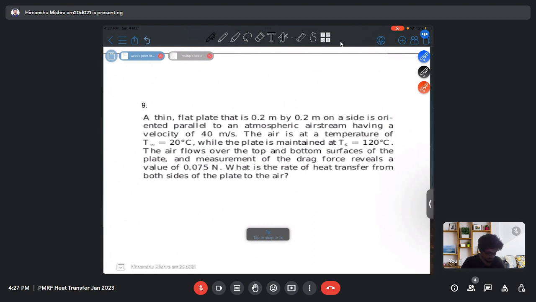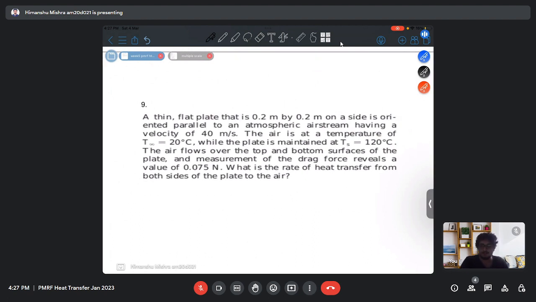We are given a thin flat plate which is 0.2 by 0.2 on a side, parallel to the atmospheric air stream, having a velocity of 40 meter per second. And the air is at a temperature of 20 degrees Celsius, while the plate is maintained at temperature Ts of 120 degrees Celsius. The airflow is over the top and bottom surfaces of the plate, and measurement of the drag force reveals a value of 0.075 Newton. What is the rate of heat transfer from both sides of the plate to the air?